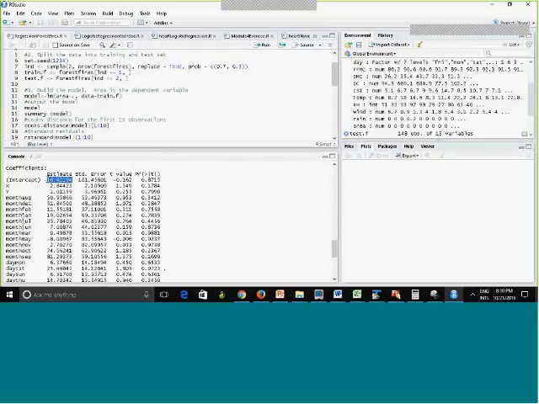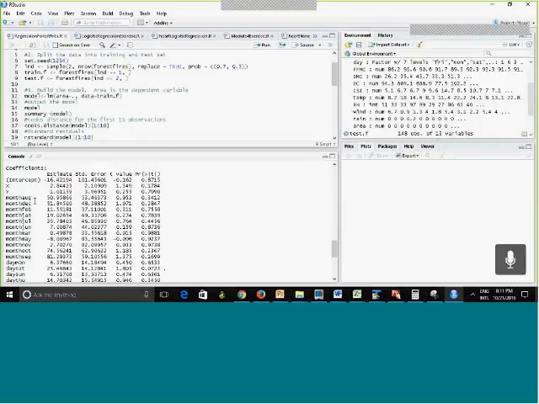Intercept basically is the area that is burned by the fire if all other variables are 0. So if all of my other coefficients here are 0, this is what the area is going to be, right?